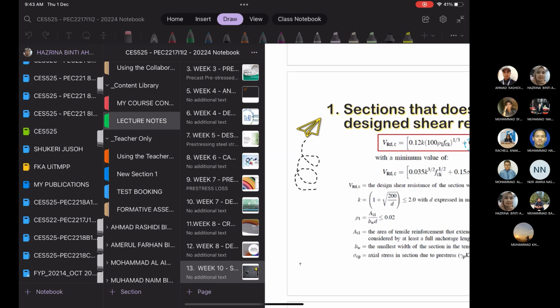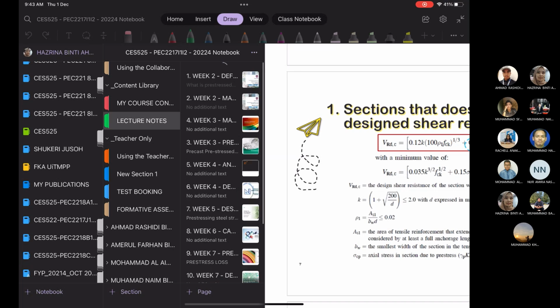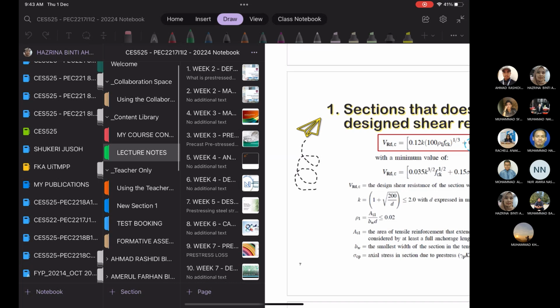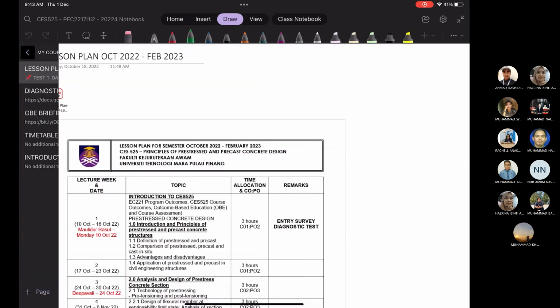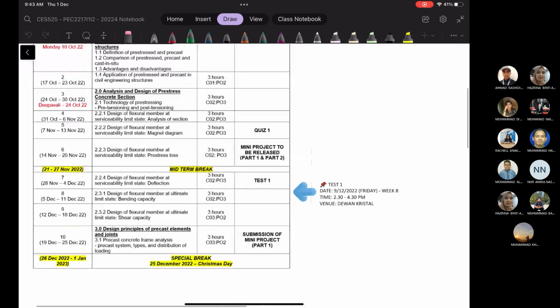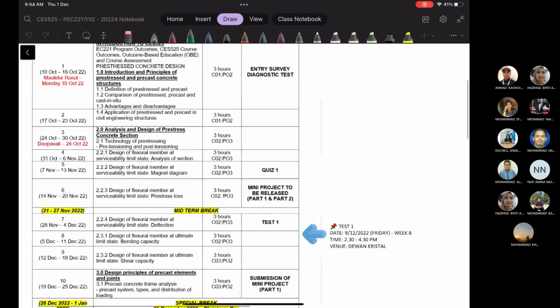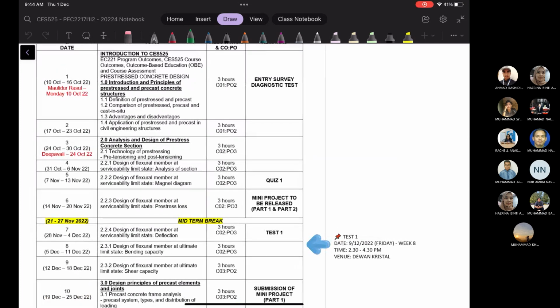As for the coverage of the test, if I am not mistaken we go up to the cable zone profile only. Let me check the lesson plan. It should only cover up to week 6, so the furthest we will go is the pre-stress loss.